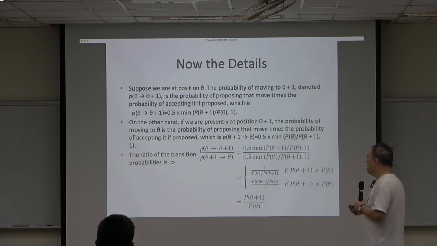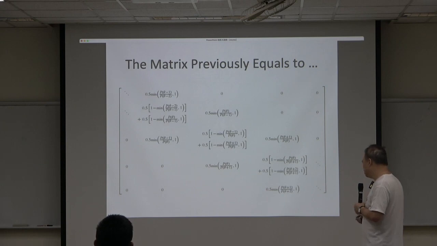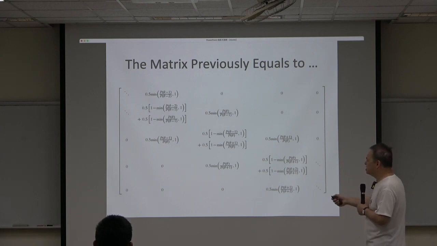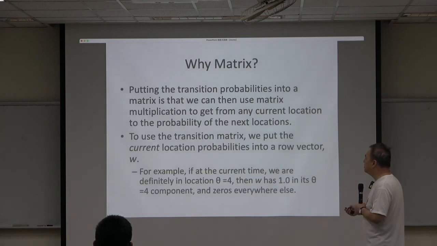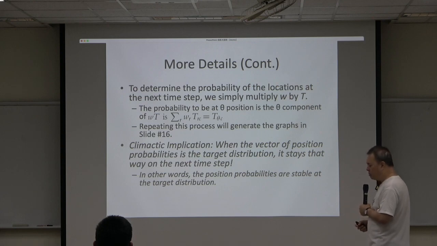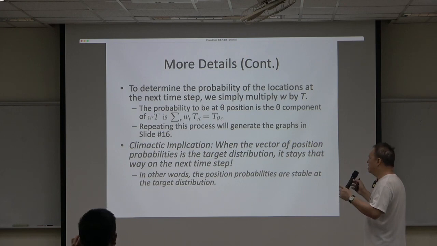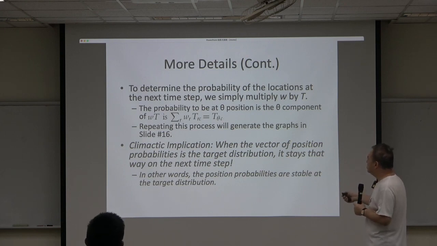We can also write it in a matrix format, and if you put the example that we have into this matrix, it looks like this. Then you can represent the probability of the current location as a vector, and multiply that vector with this matrix.